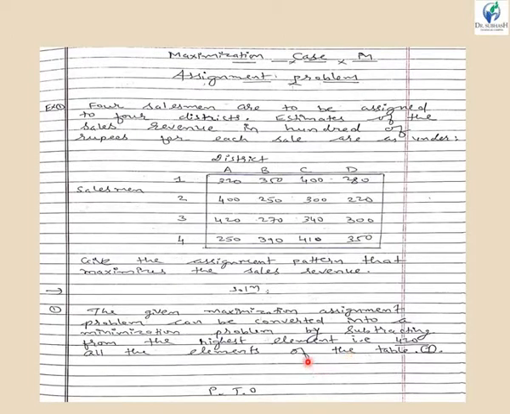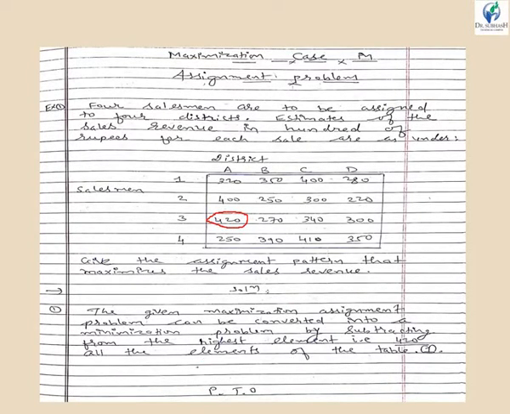Your first task will be to convert it by subtracting from the highest element of the given table. You need to identify the largest value, and from the table the largest value available is 420.